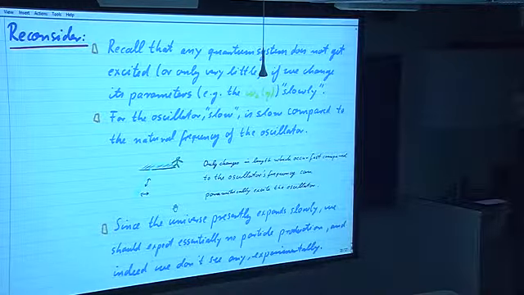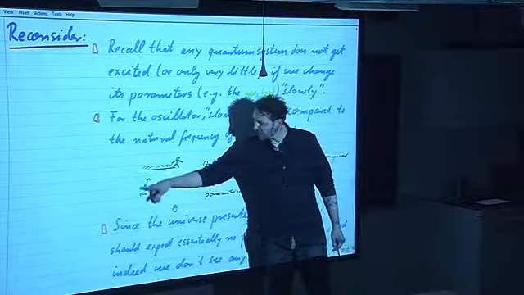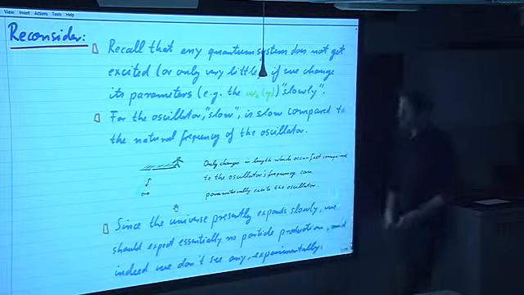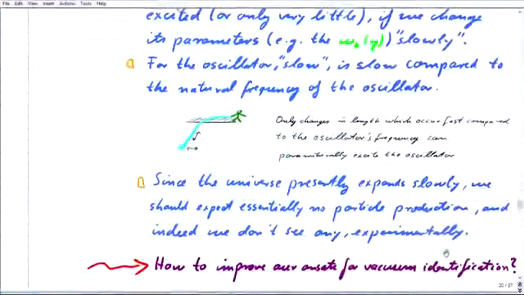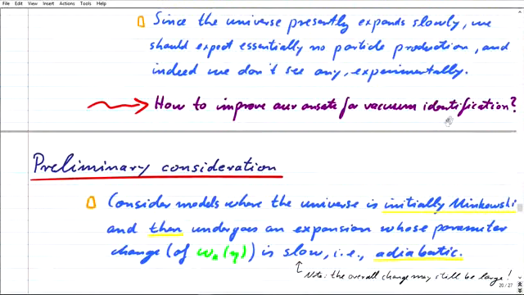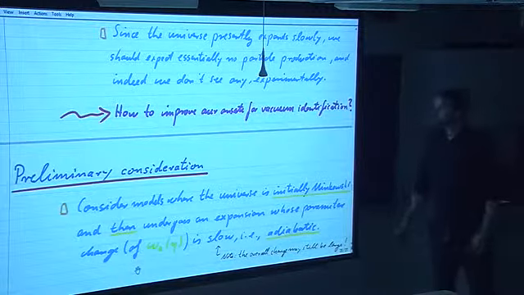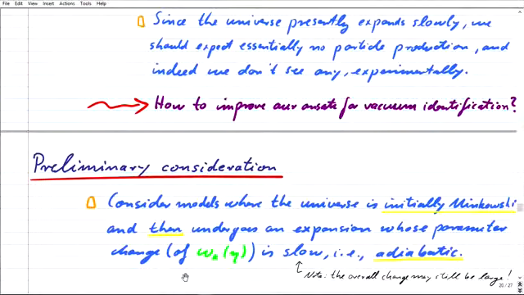It won't get excited. In fact, this fellow will have to basically hit the resonance to excite this thing. So since the universe, at present at least, expands slowly, we should expect that if we identify the vacuum state correctly, then there would be essentially no particle production.